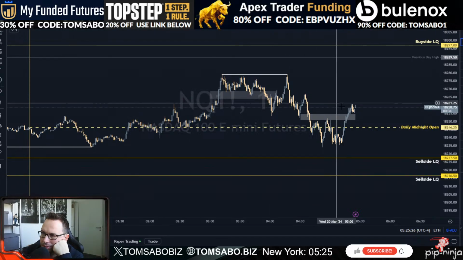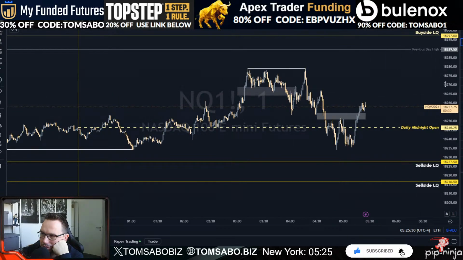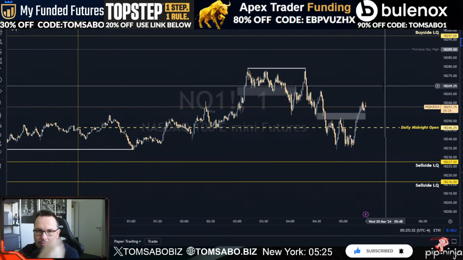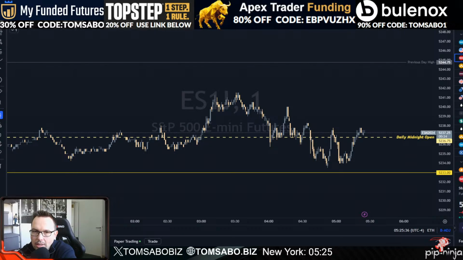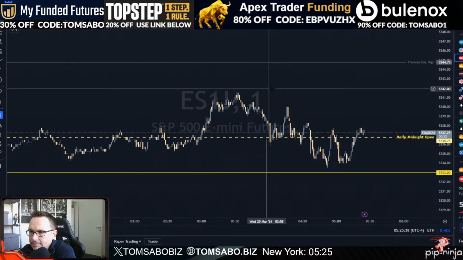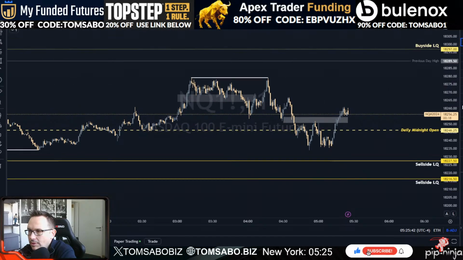NQ can do it, but there is a small liquidity void again here. How it's repricing it, so it's having a hard time. It's really having a hard time. So yeah, we should just wait for it to see.